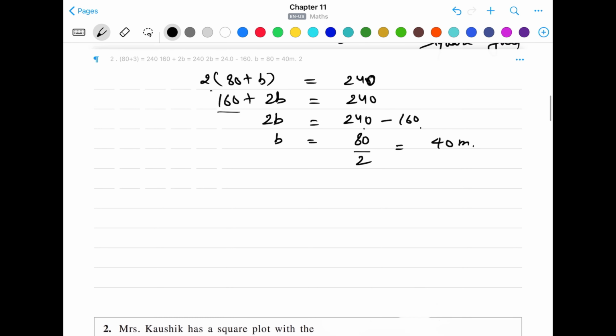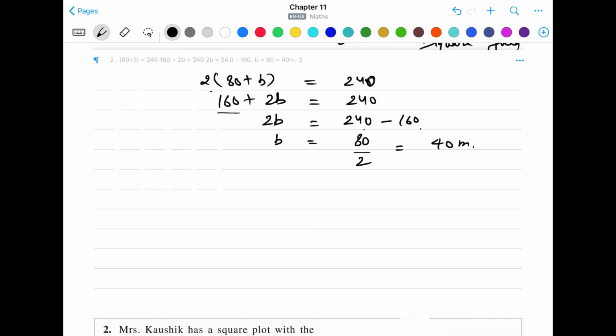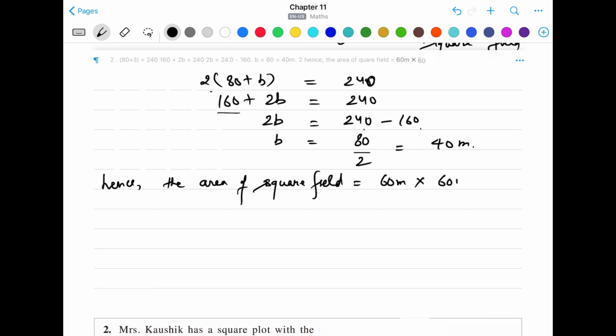So we'll write, hence, the area of square field. We know the area of a square is given by side into side, and the side of the square field is 60 meter into 60 meter.